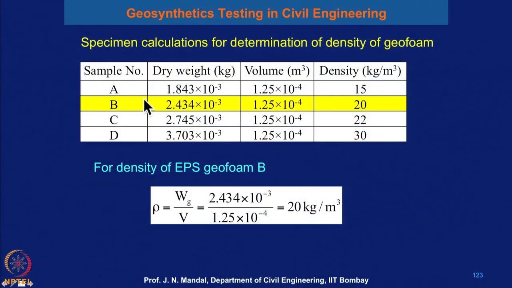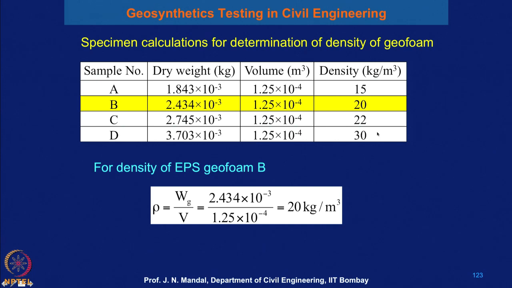For example, for sample A the density is 15 kg per meter cube. For sample B, as I showed you, the density is 20 kg per meter cube. For sample C, the density is 22 kg per meter cube, and for sample D, the density is about 30 kg per meter cube.